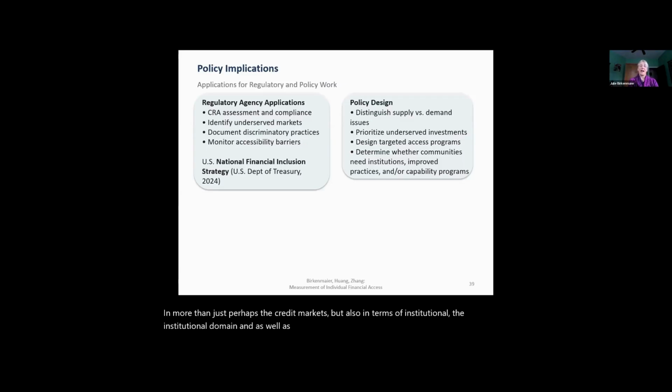Maybe there are aspects of the domains that might be useful in the discussions between regulators and financial institutions.